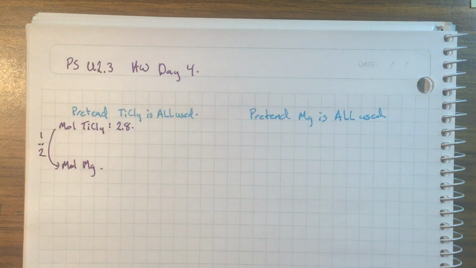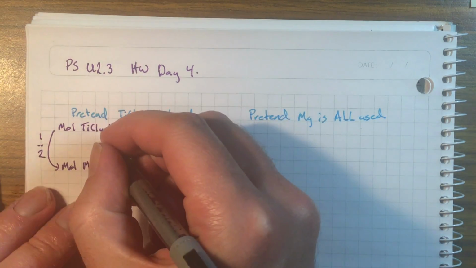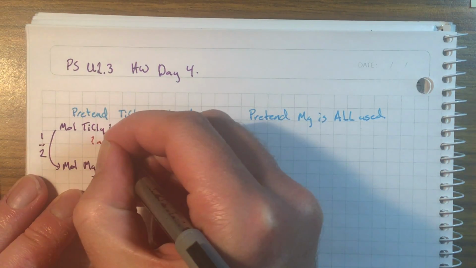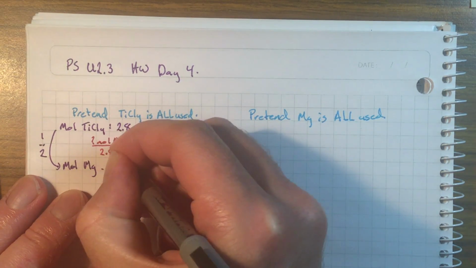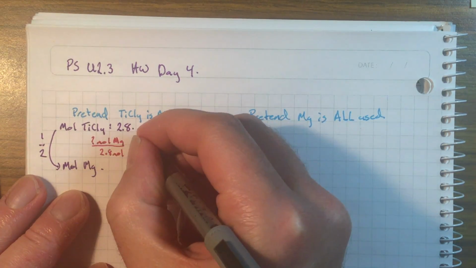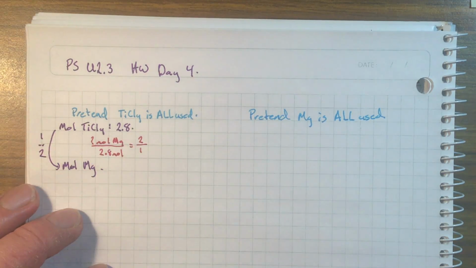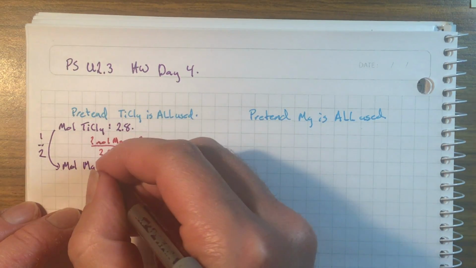Okay, now we're going to get an answer here that's pretty easy. So how many moles Mg in 2.8 moles of TiCl4 if it's 2 to 1? There's our ratio. It's going to be 5.6.